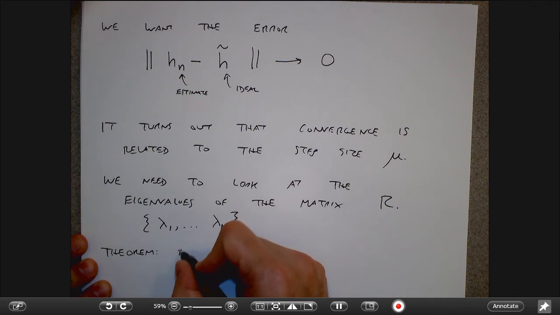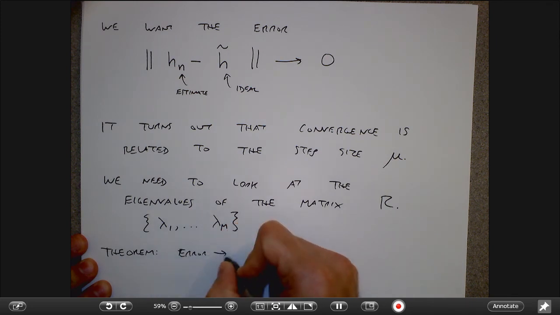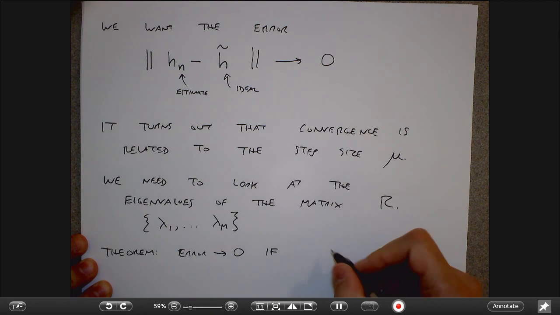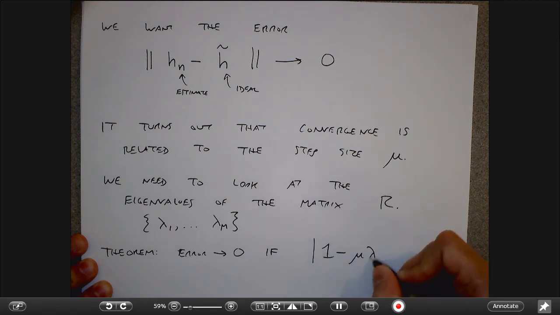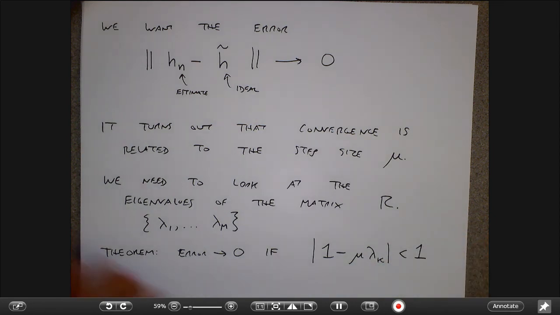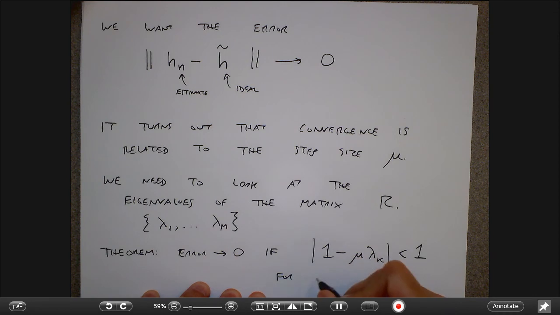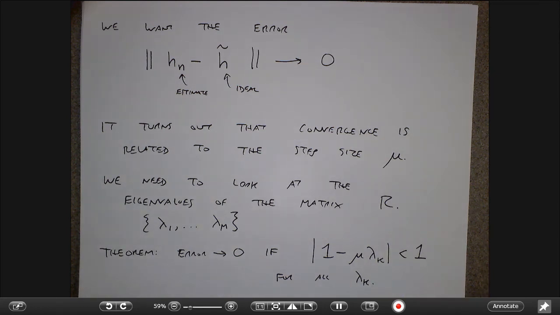the error goes to 0 if this equation is satisfied for all lambda k. It's like saying there has to be a relationship between the eigenvalues of the autocorrelation matrix and the step size that I take.